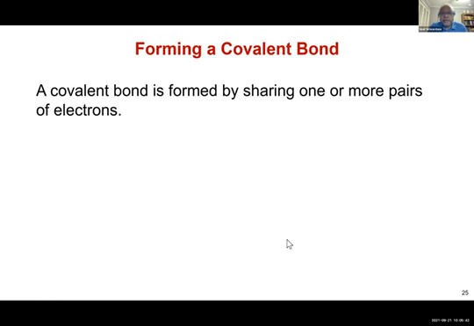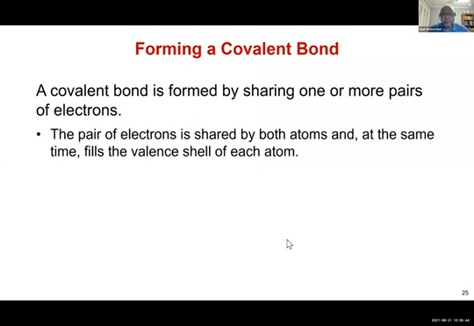A molecule is neutral, unlike an ionic bond. The pair of electrons is shared by both atoms at the same time, and they satisfy the valence shell requirements of an octet for each atom.